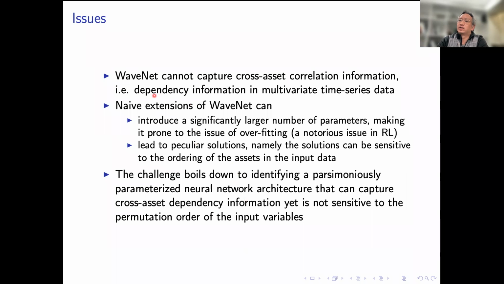So the WaveNet is basically the best at capturing the dependency information across time. But one special feature of this portfolio management problem is that we want to capture the cross-asset correlation information.